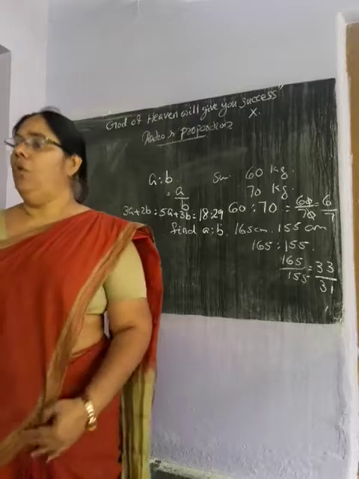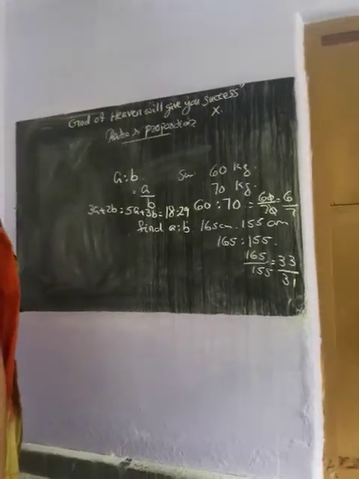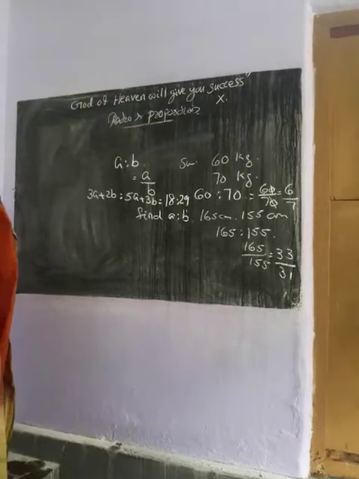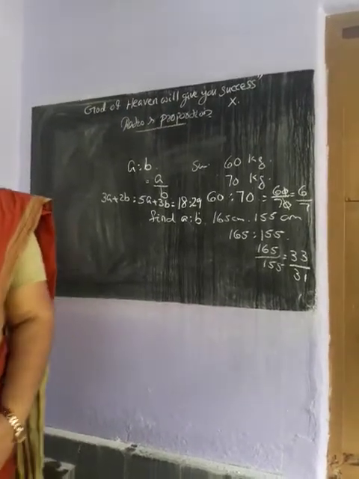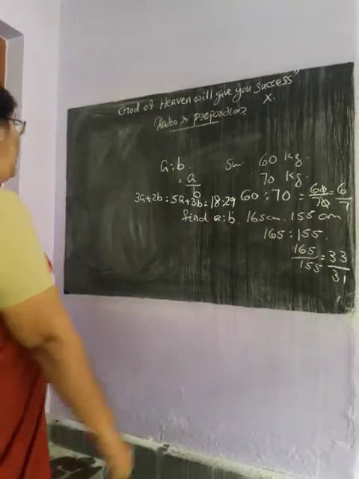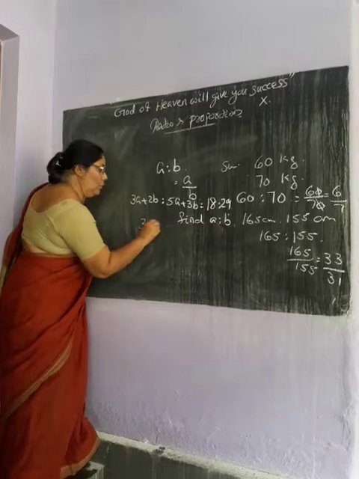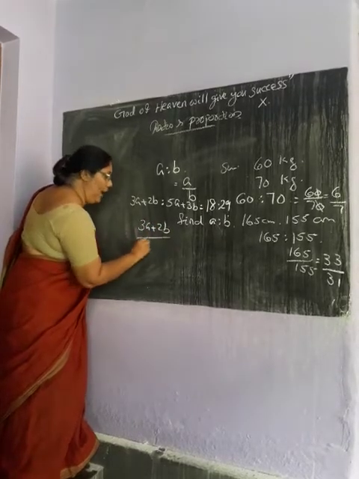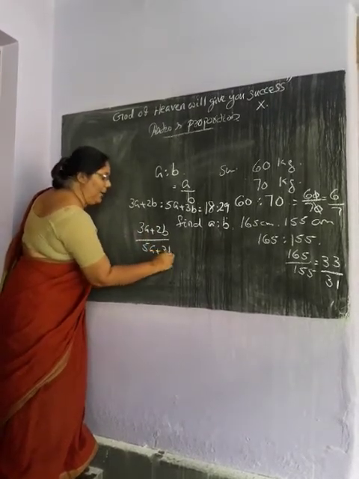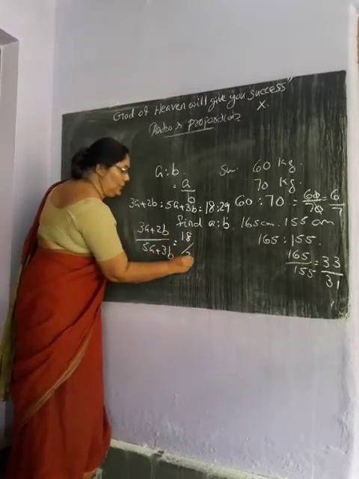What's the question? Find A:B. Understand? Now we can put here 3a plus 2b by 5a plus 3b is equal to 18/29.